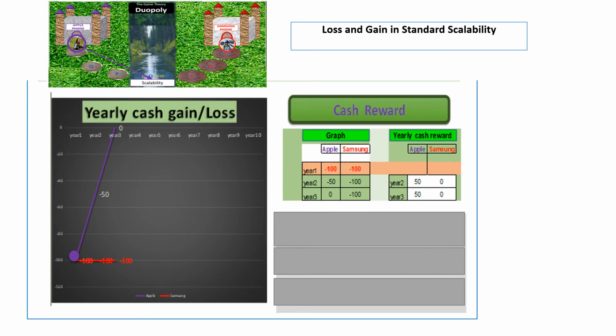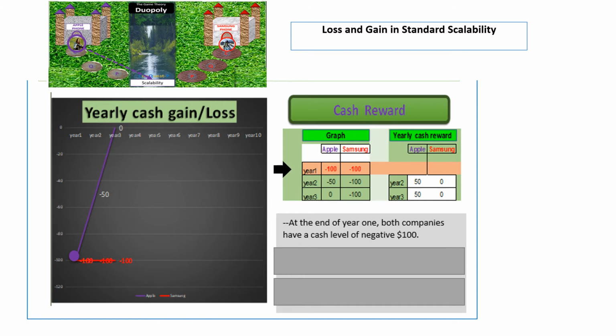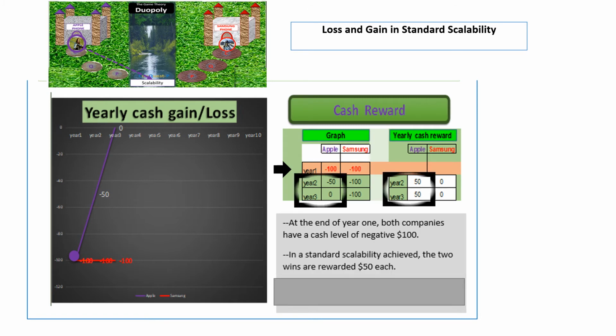This will provide some numeric assessment in terms of loss and gain in standard scalability. At the end of year 1, both companies have a cash level of negative 100,000. In a standard scalability achieved, the 2 wins are rewarded with 50,000 each.